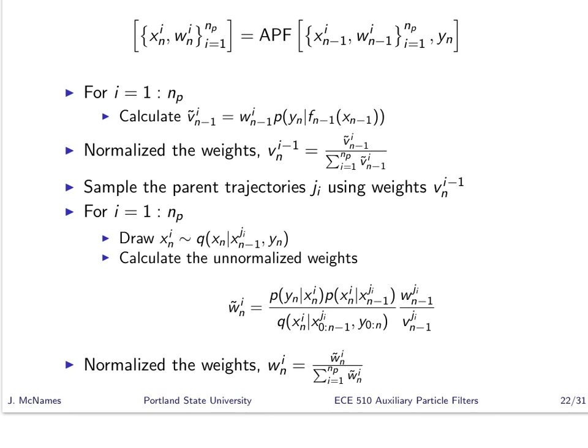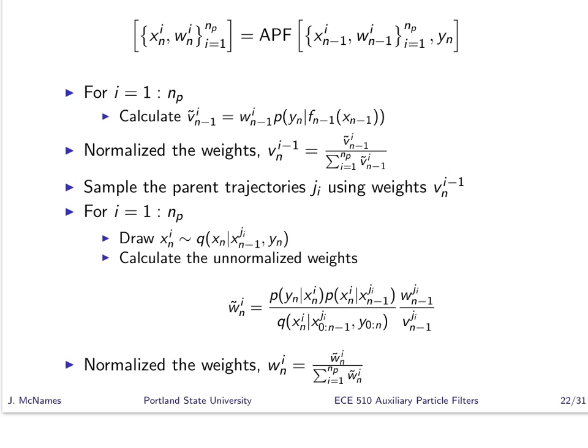So one more question. That q of x_n given x_{n-1}^{j_i} and y_n, sampling from that doesn't seem straightforward. Well, we've talked about this before. If you really want to maintain optimality, then you would use the optimal importance density that we talked about before. If you don't care about that, then you can make that whatever you want.